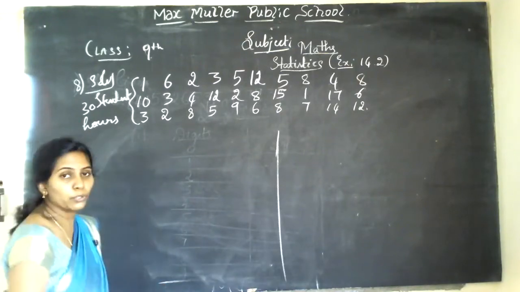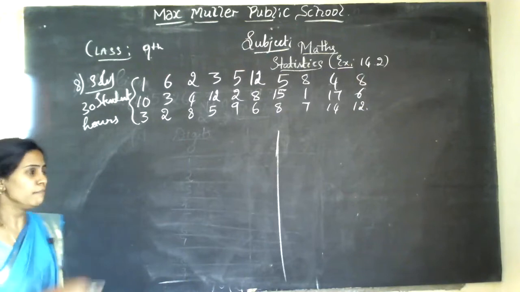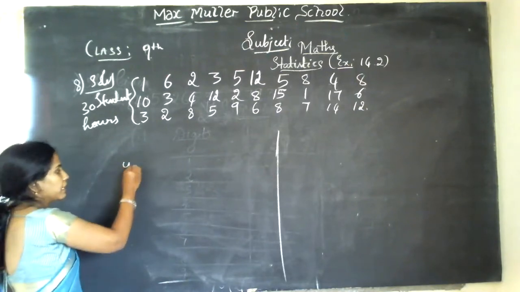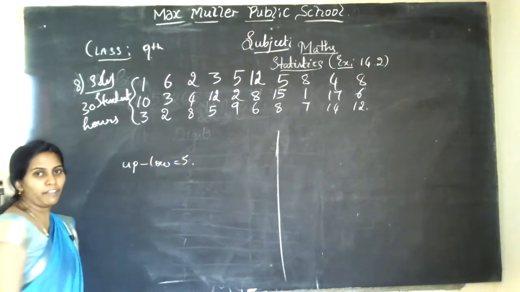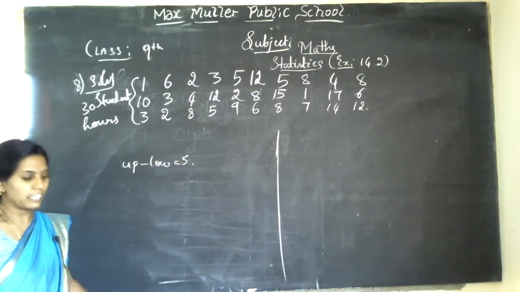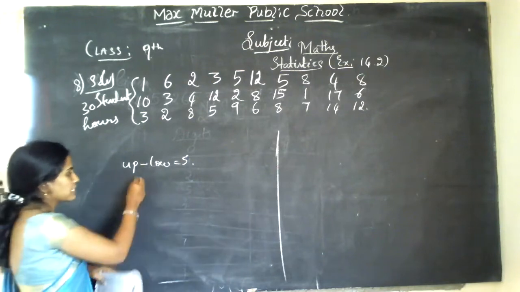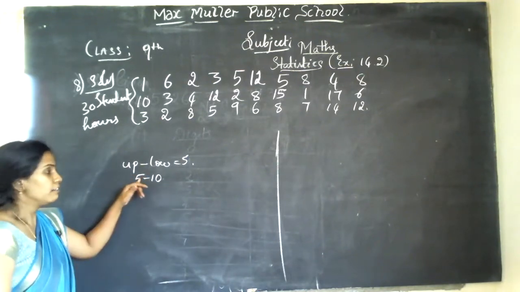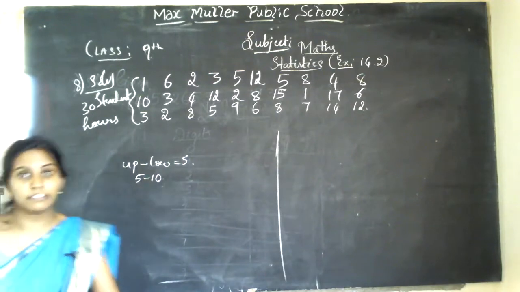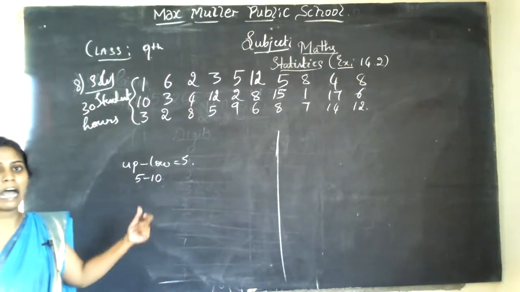Class width 5 means when you subtract the lower limit from the upper limit, you have to get 5. They have given the hint that one of the class intervals should be 5 to 10. Verify whether you get the width as 5.